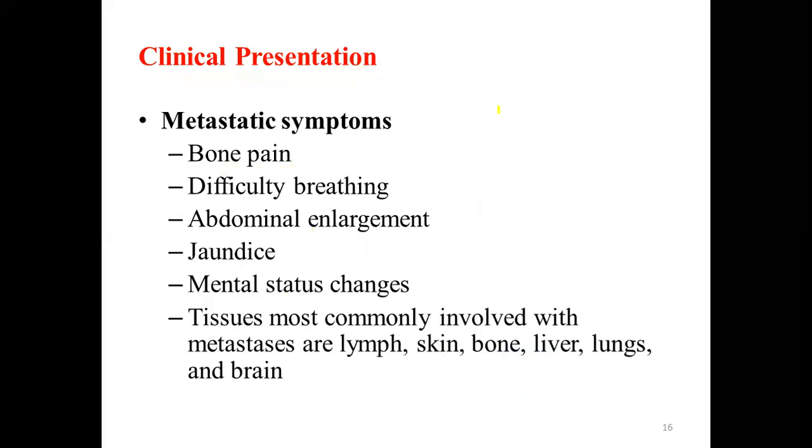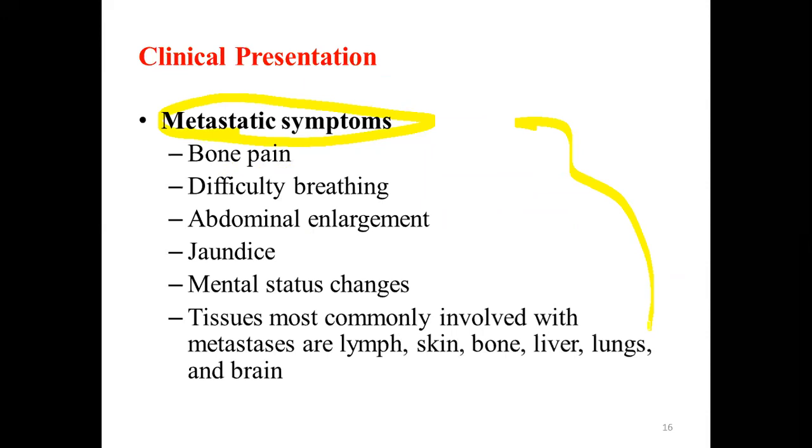Now, the advanced stage. Most of our patients normally come for treatment when they are already in advanced stage, meaning it has already metastasized to distant organs. Depending on the organs involved, you can expect different clinical presentations. If bone is involved, they complain of bone pain.